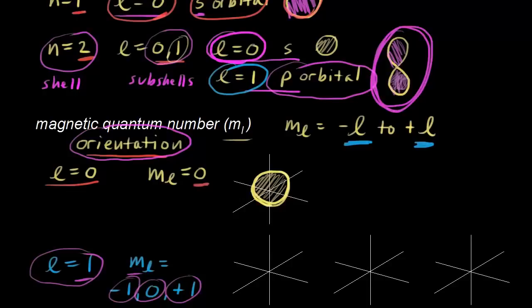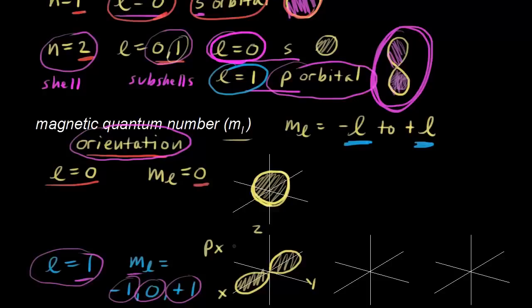If we mark these axes here, let's just say this is the x-axis, y-axis, and the z-axis. We could put a dumbbell on the x-axis like that. Imagine this as being a volume. This would be a p orbital. We'd call this a px orbital, a p orbital on the x-axis.